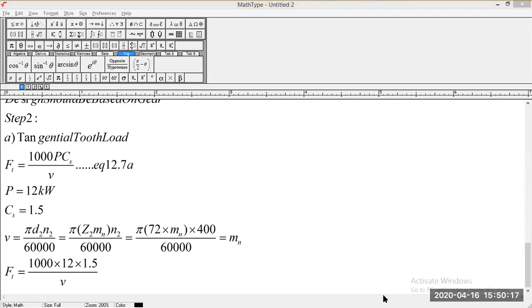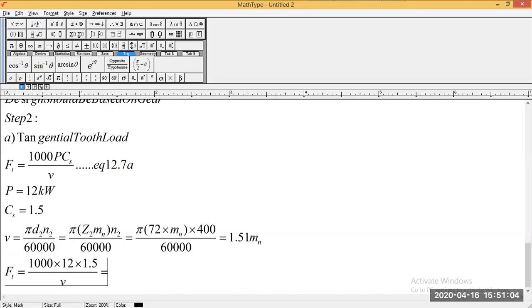Okay, somebody calculating? This is around 1.5. Let me give it as 1.51 times.